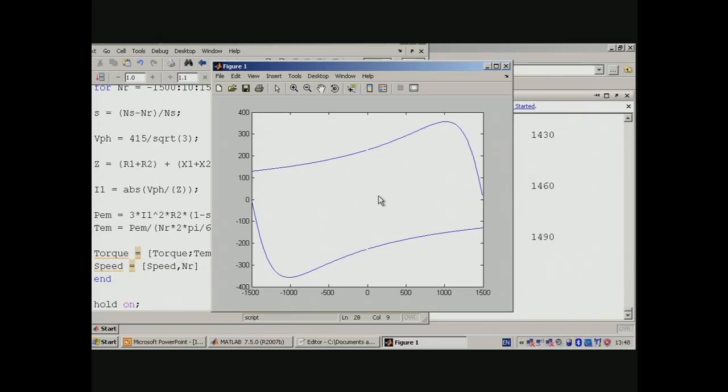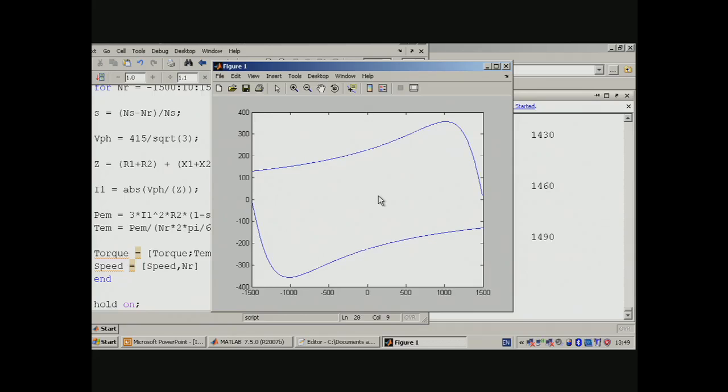Keeping that in mind, we can also operate the induction machine with a variable frequency drive. In modern variable speed drives, you don't operate exactly at 50 hertz. You have an inverter which excites it at different frequencies, let's say 50 hertz, or 40 hertz, or lower or higher.